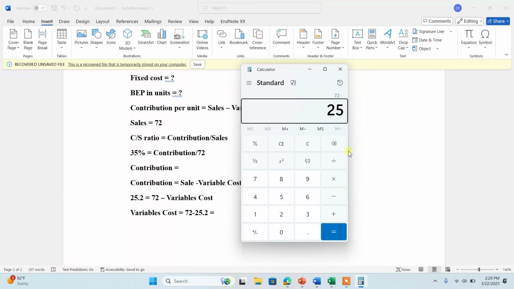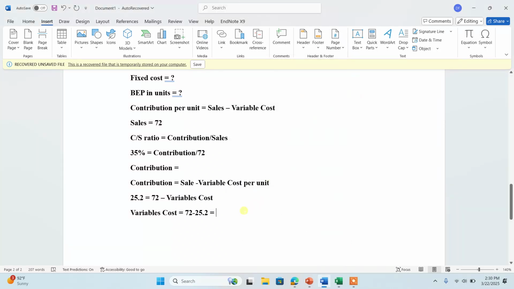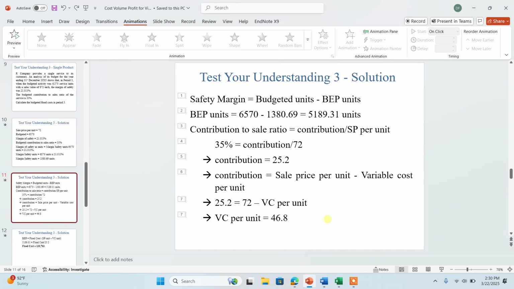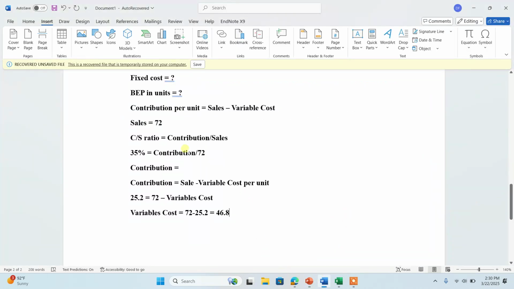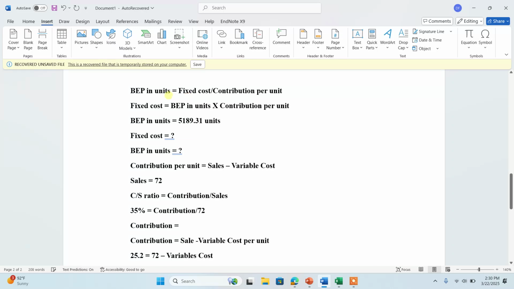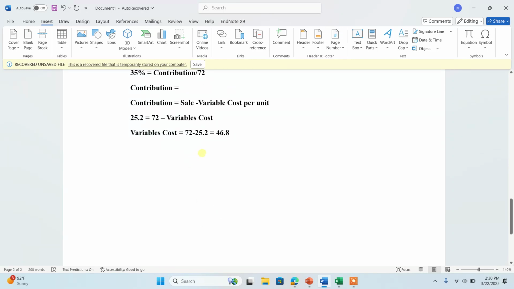Seventy-two minus 25.2, variable cost is 46.8. Now you can see here 46.8. Now I can find out the fixed cost because now I have the value of the break even point, which is this one. I have the value of the contribution per unit also, which is 25.2.